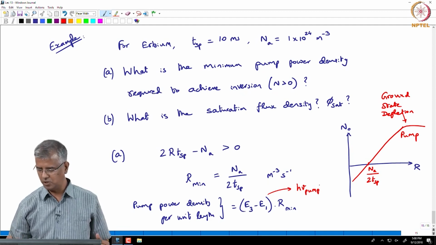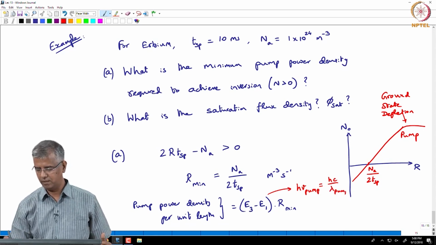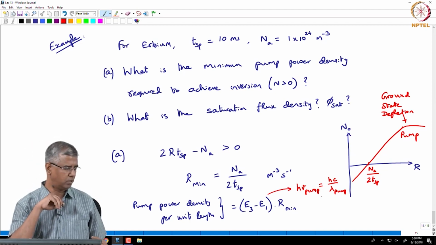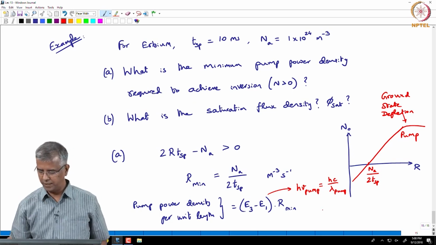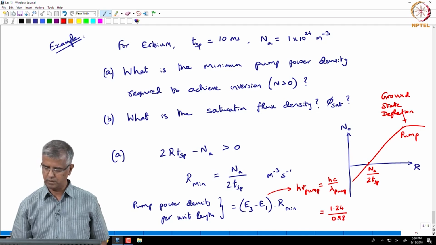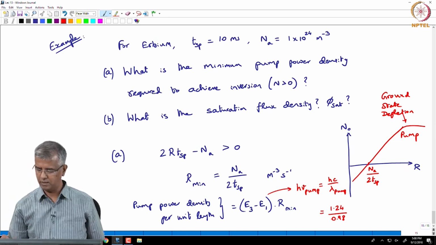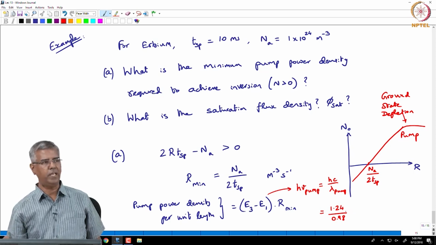So, h nu pump you can write as hc over lambda, where lambda of the pump corresponds to 980 nanometers, right. So, you will find that this is basically 1.24 eV divided by lambda of pump expressed in microns, which is 0.98, and then this is in eV.